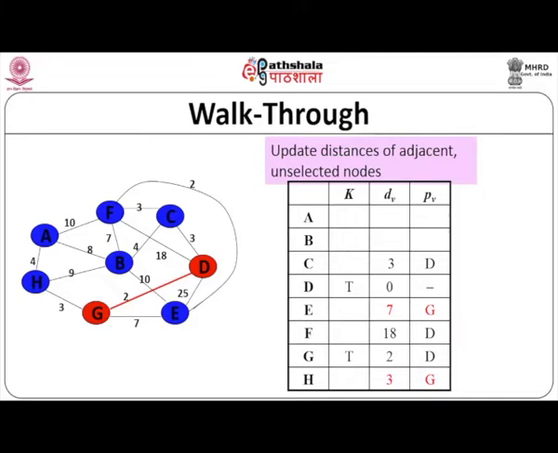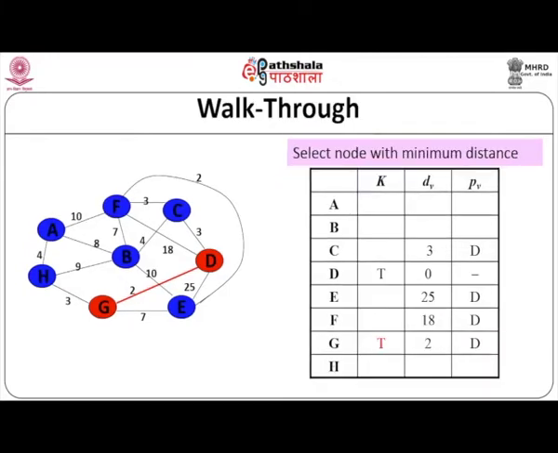So, to G you have H which is 3, and to E you have 7. Now, look at this, in the previous step E was connected to D with 25. So, at that point of time the minimum spanning tree had only D, so the label of E was 25.